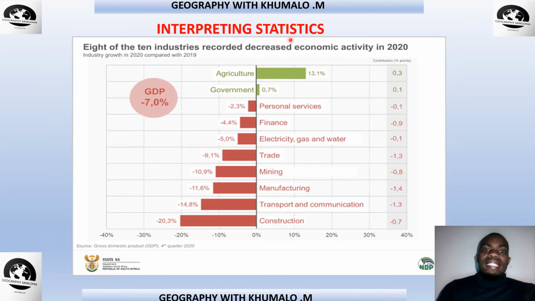Then here it's interpreting statistics. You can get graphs like this, looking at personnel. Also here you have to identify, like mining, which is found in the primary sector, personal services, tertiary sector, finance, tertiary sector.